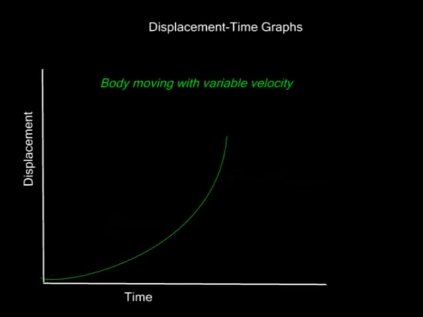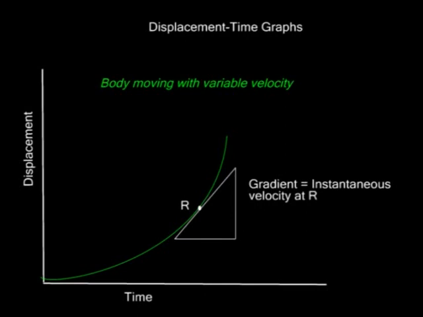For a body moving with variable velocity, the displacement time graph in this case is a curve. The velocity at point R is the same as the gradient of the curve at R. This is the slope of the tangent to the curve at point R. In this graph, the velocity increases uniformly with time.